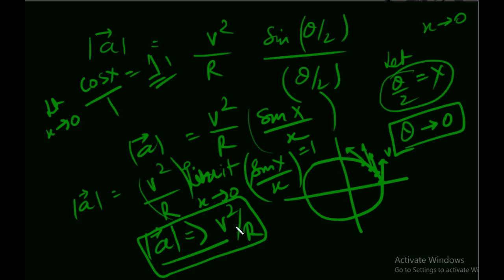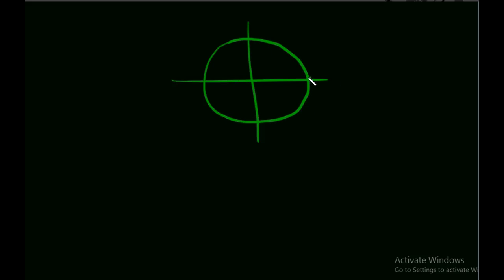And you see, we can also find the direction of acceleration. For example, this was the velocity up here, this is the velocity up here, okay. Now we have to find the direction of acceleration.